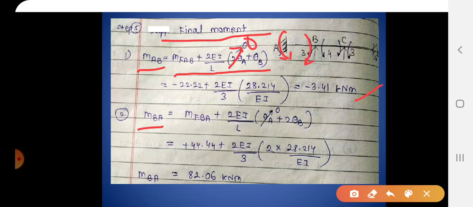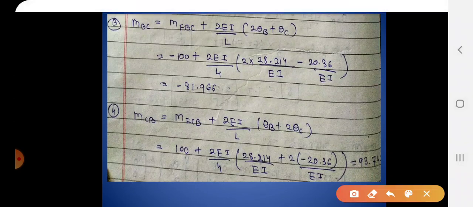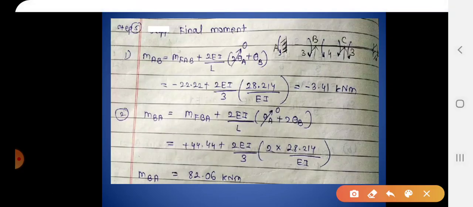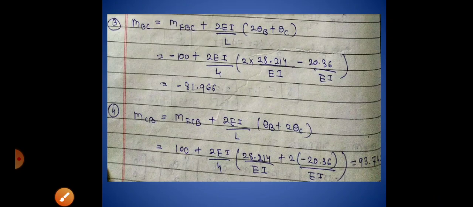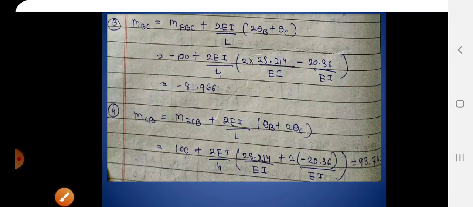Therefore again normal slope deflection equation, and you will get MBA value. Now MBC. Yes, for MBC, B is continuous support and C is also continuous support. So again you have to use the normal slope deflection equation. By putting all the values, you will get MBC value, and on the similar lines MCB value.